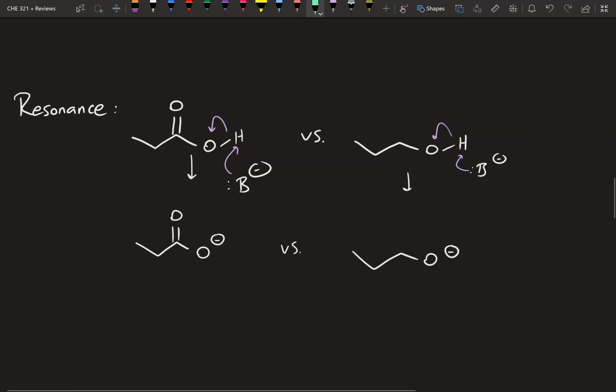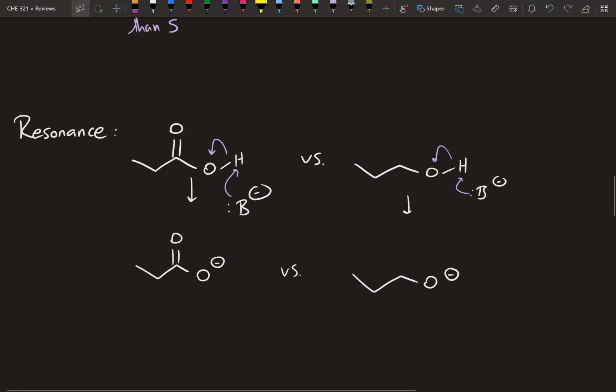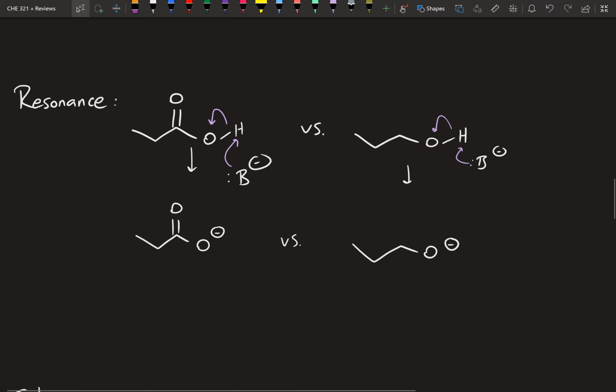So if we can resonate that negative charge that we form because of that deprotonation, that can make the original acid more acidic than one that cannot resonate. Let's look at the resonance between the two conjugate bases now.